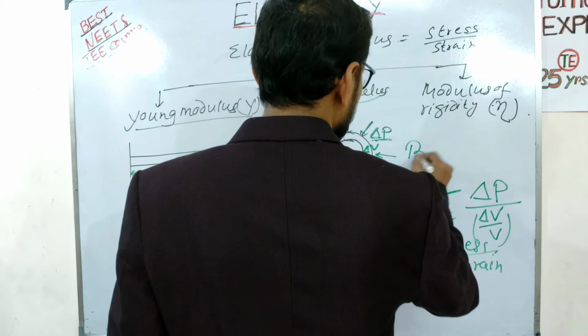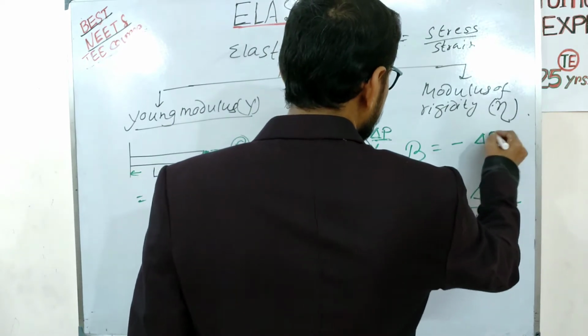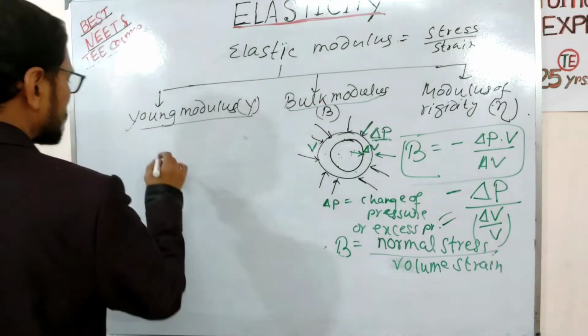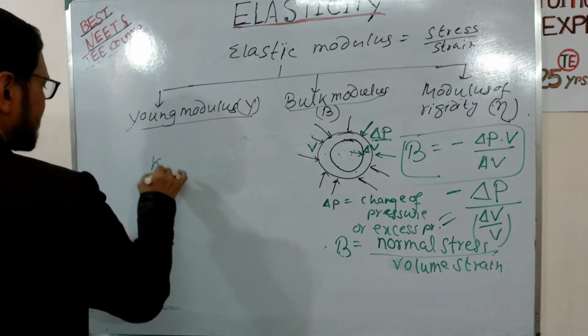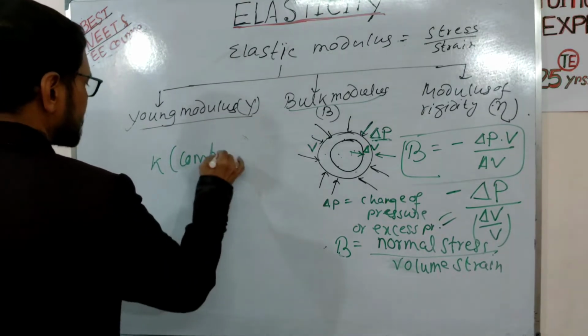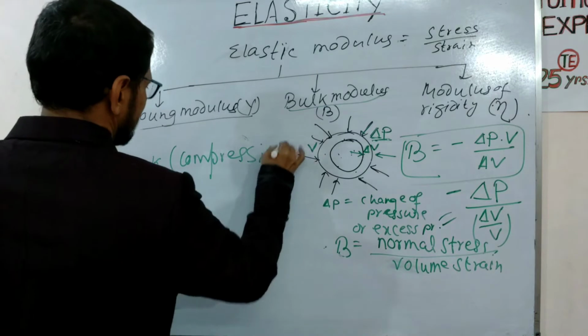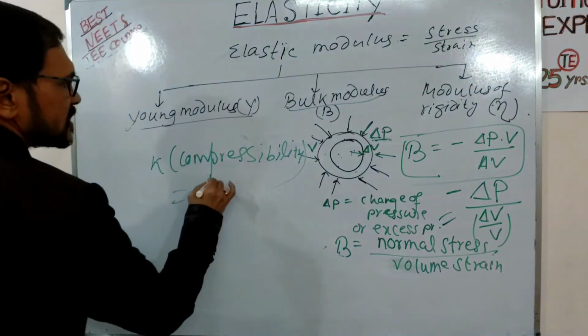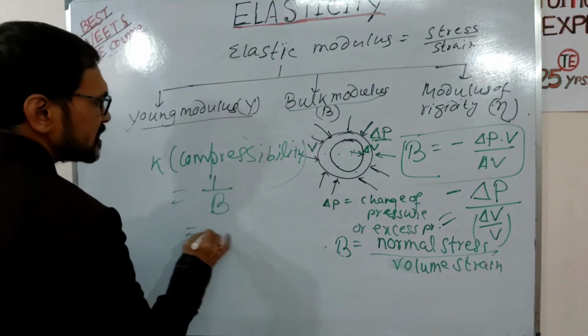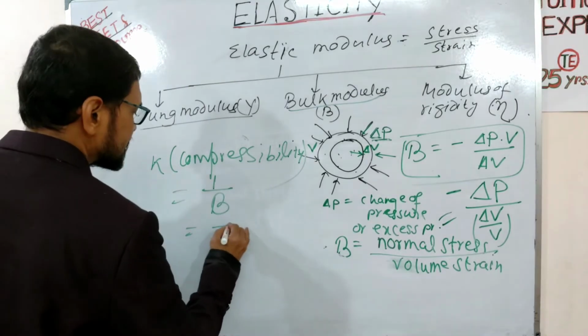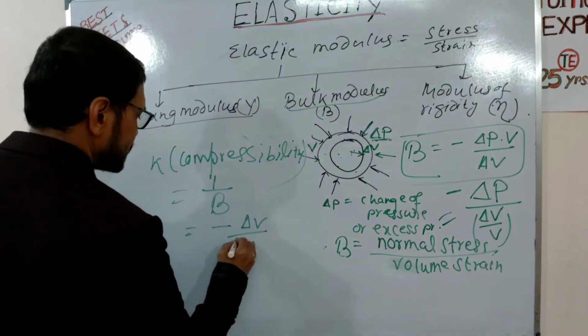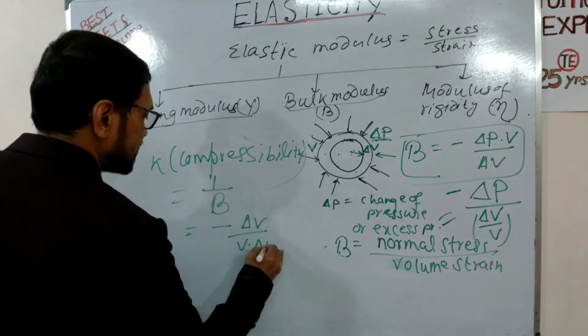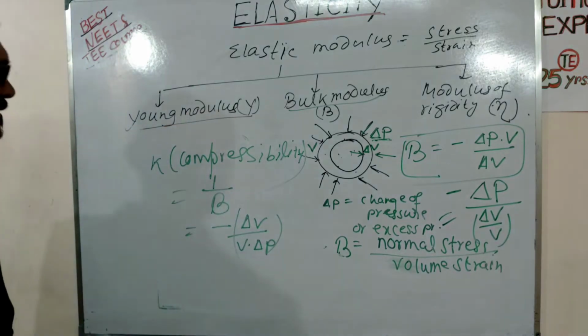Bulk modulus equals minus del P into V by del V. This is an important formula. The reciprocal of bulk modulus is K, compressibility, equal to 1 by B, which equals minus del V by V into del P. This is compressibility.